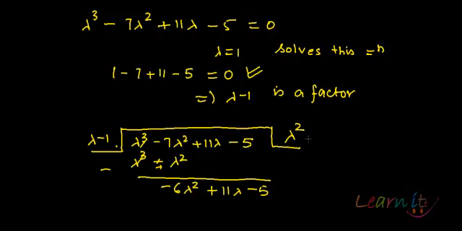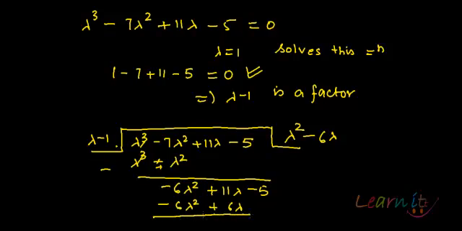So next what I do, I multiply lambda with lambda. In order to get minus 6 lambda square, I need to multiply with minus 6 lambda. So minus 6 lambda square plus 6 lambda is what I get.